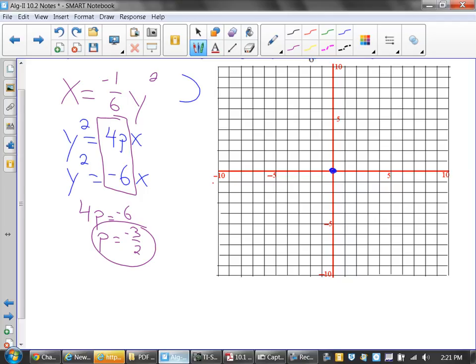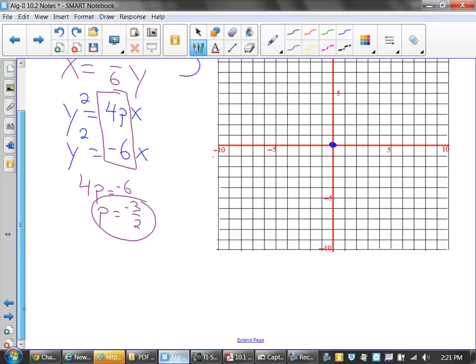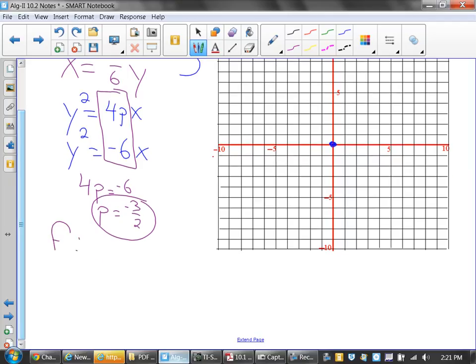This is a y-squared parabola. It's opening towards the left, which now means that I know where my focus is going to be. My focus is going to be at 0, comma p.